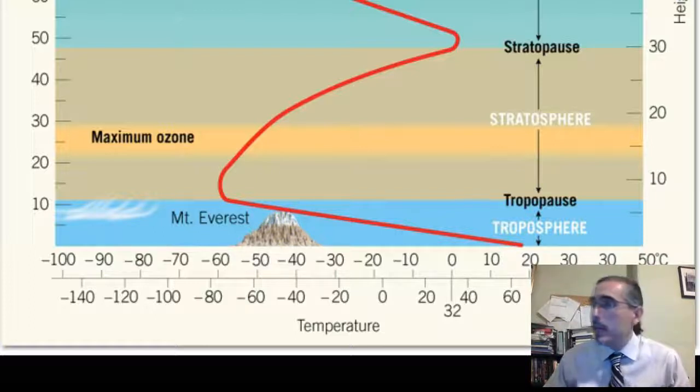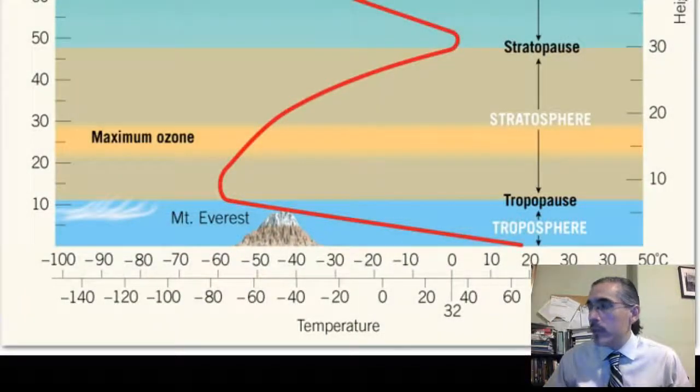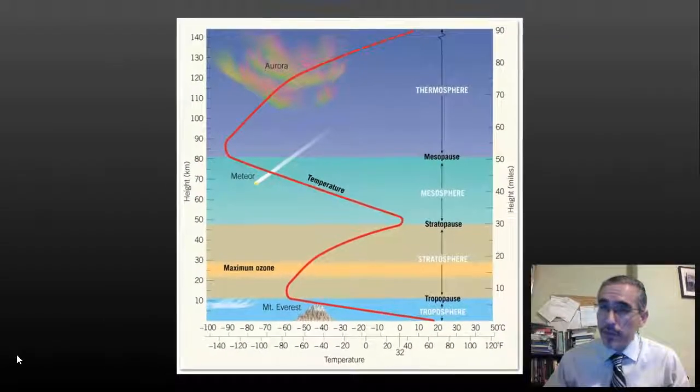Once we get above 10 kilometers in height, though, we hit the tropopause, the boundary between the troposphere and the stratosphere, where the temperature actually begins to rise with an increase in altitude, although the atmosphere is so thin in the stratosphere that you would probably need a spacesuit to survive there.